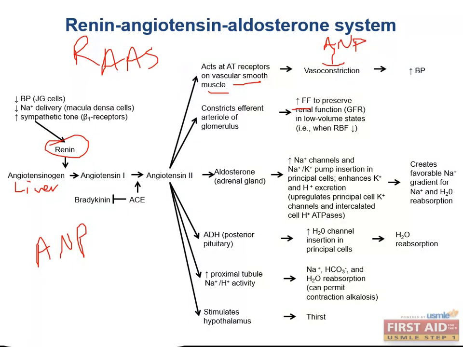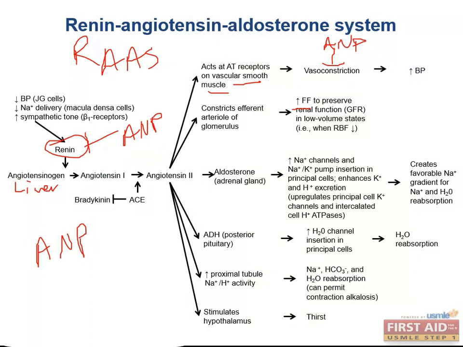ANP also decreases renin release, and by decreasing renin release will decrease the conversion of angiotensinogen to angiotensin. And one additional note is that it decreases sodium reabsorption in the proximal tubule, which will also help to lower blood pressure.